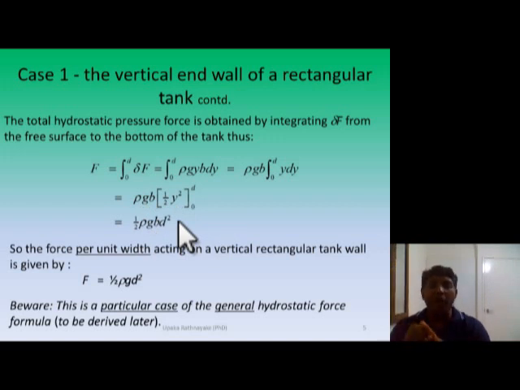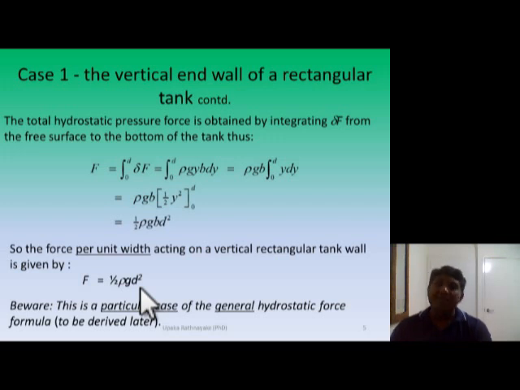Now we know two points out of three: the direction of the resultant force and the magnitude of the resultant force. Now guys, sometimes we present this magnitude of the resultant force per unit width. It's easy. You just divide this half rho g b d squared by b, and you end up with F equal to half rho g d squared.